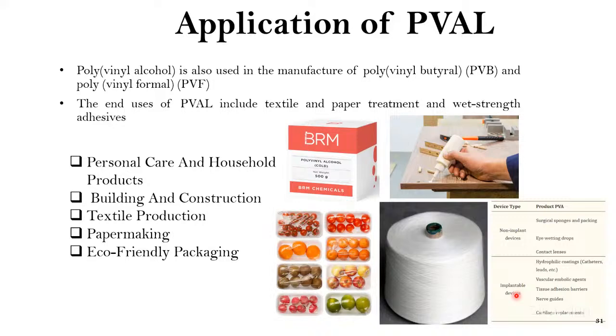So tissue tearing is a very common issue. In that case, PVA with some pharmaceutical formulation is used as a tissue adhesion barrier. And it acts as a hydrophilic coating for the catheter or lead.